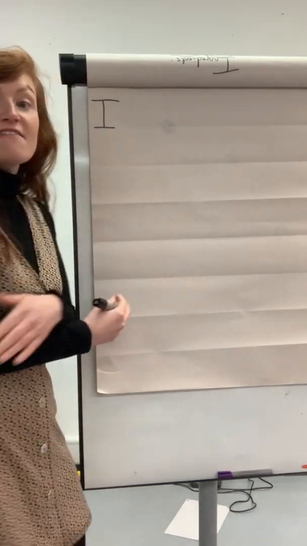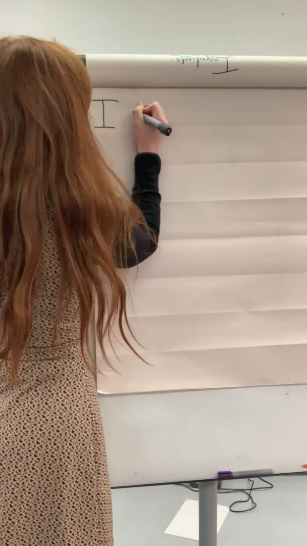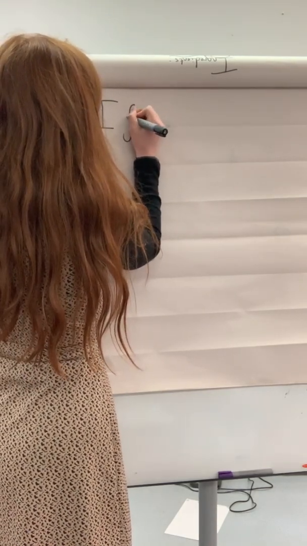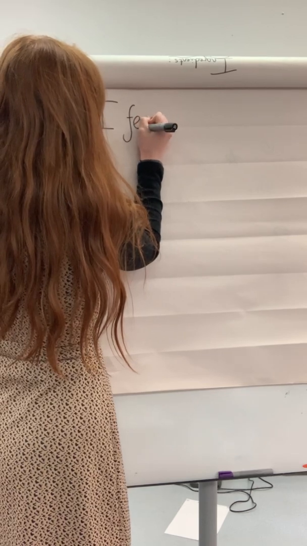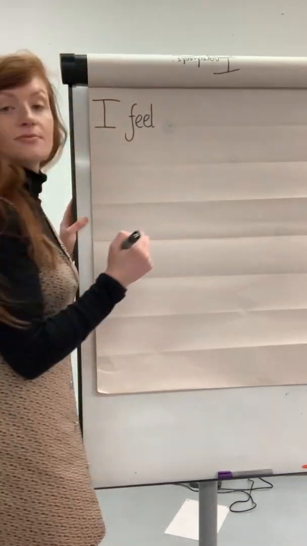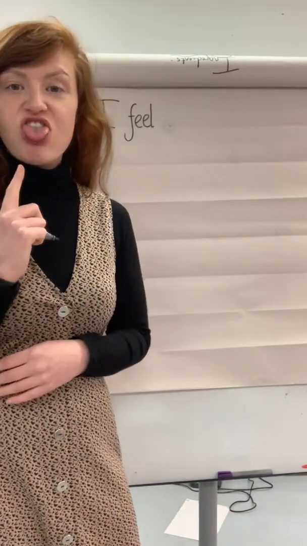Finger space. Feel. So with our teeth. Feel. So I need an F, E. So and an F. O. I feel thirsty. So that is with our tongue.